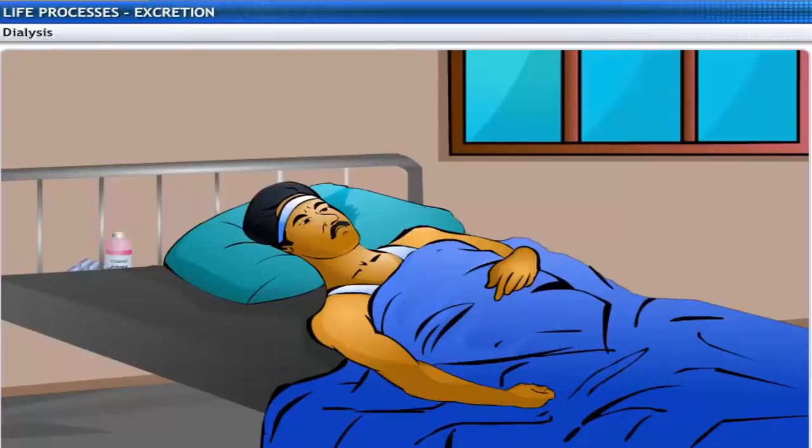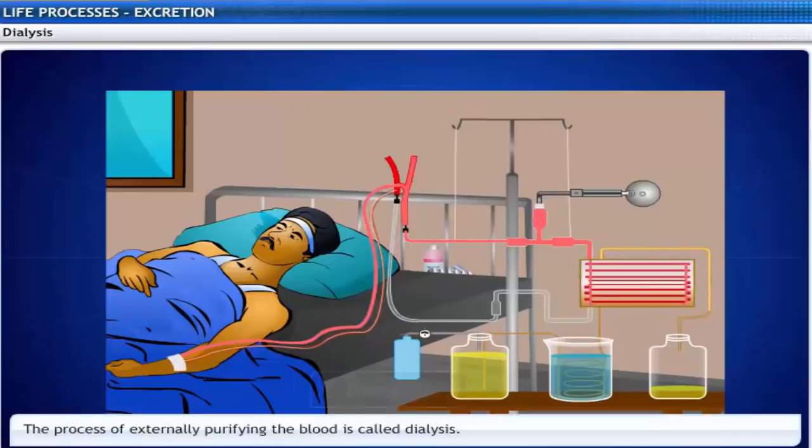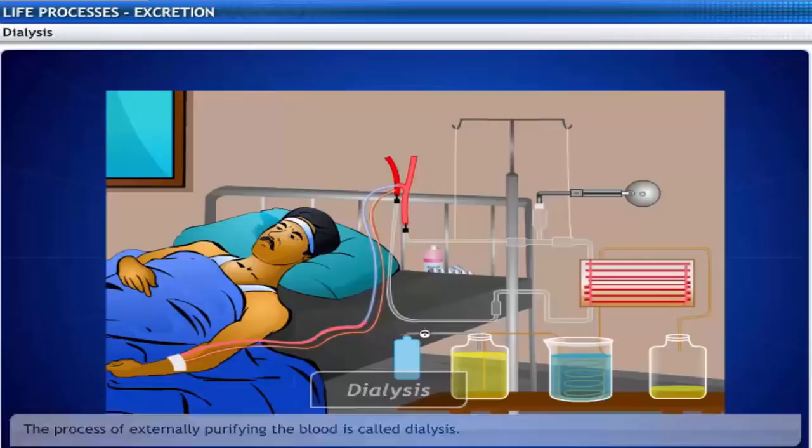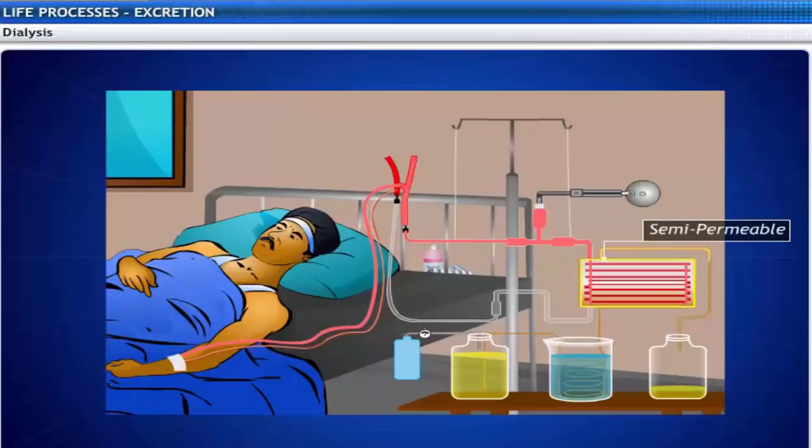For people with an injured kidney, an external artificial kidney can be used to remove nitrogenous waste products from the blood. The process of externally purifying the blood is called dialysis. An artificial kidney contains a number of tubes with a semi-permeable lining suspended in a tank filled with dialyzing fluid.